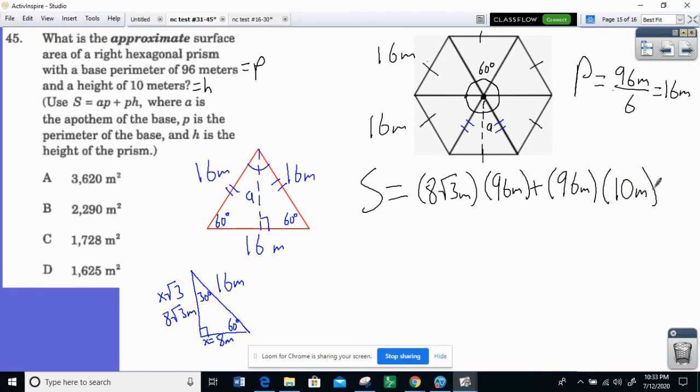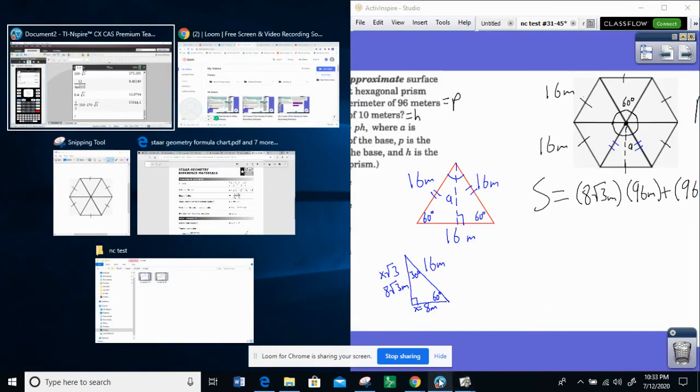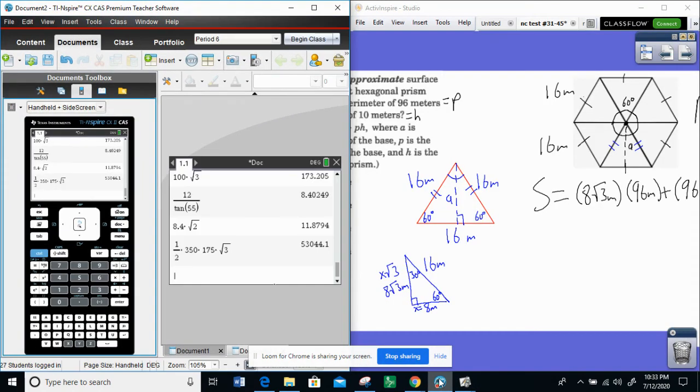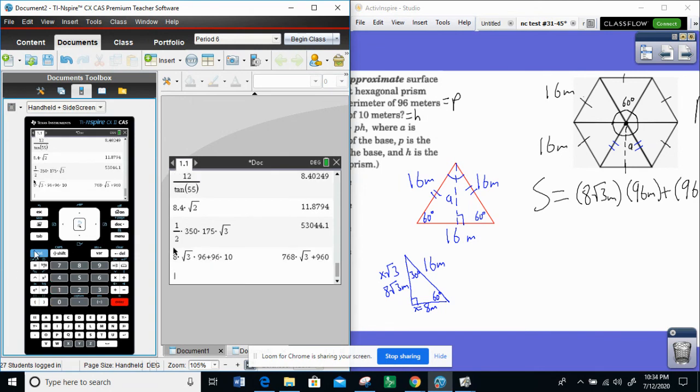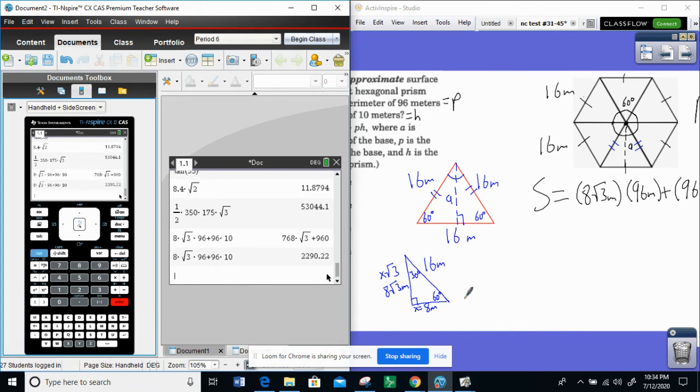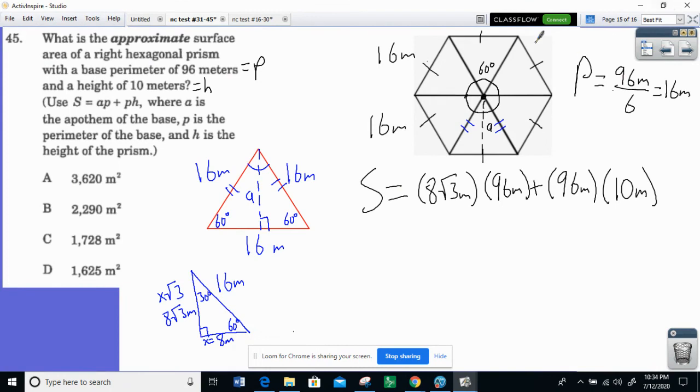So let's put that whole thing into the calculator. 8 times the square root of 3 times 96 plus 96 times 10. And as a decimal, that comes out to be 2,290, which is answer choice B.